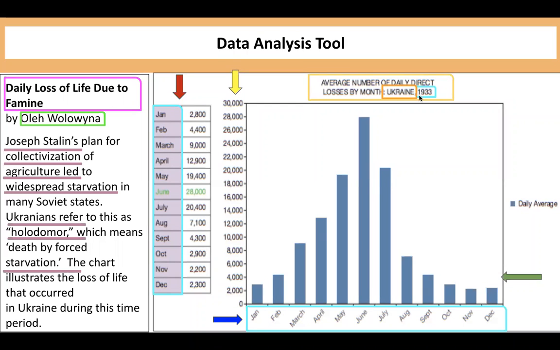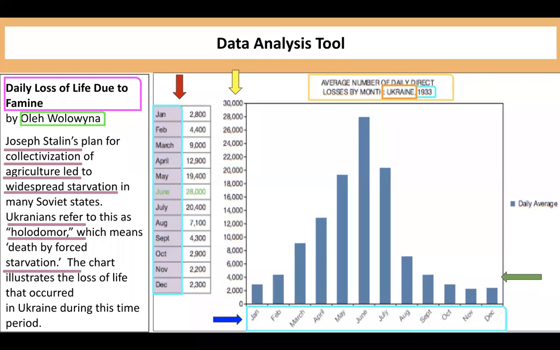That's from our title, and that's definitely from our analysis of what we see. The context further helps us out by providing even more information, and it connects the data with Stalin's collectivization of agriculture and the widespread death due to forced starvation. So that's really our purpose, based on what we noticed from our other steps.